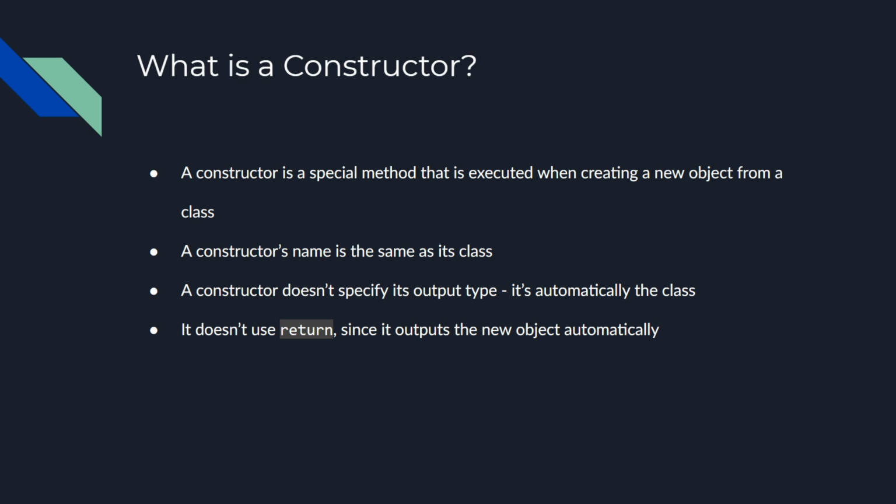Constructors don't need that because they output the new object. Constructors also don't use return, again, because they output the object that's being constructed. This is what makes a constructor different from other functions. Questions about that so far?